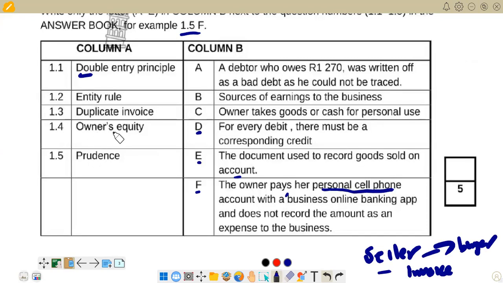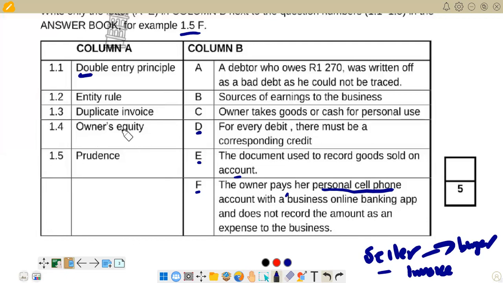On 1.4, we have owner's equity. We regard owner's equity as the resources introduced by the owner into the business. Whenever the owner puts resources in the business for its operations, we call it owner's equity. Owner's equity also extends to the profit made by the business when it is retained in the operations of the business, which we also call owner's equity, in the form of retained earnings.